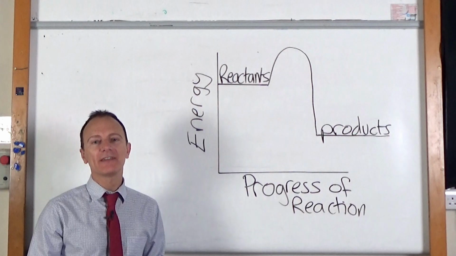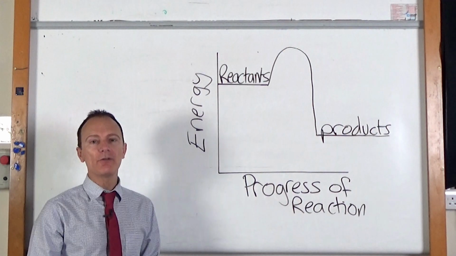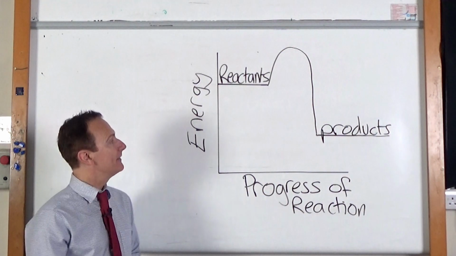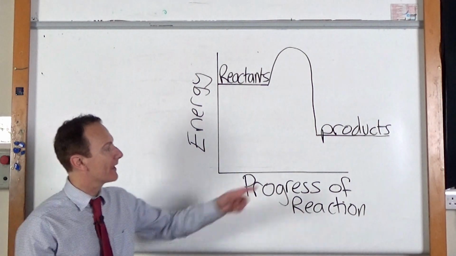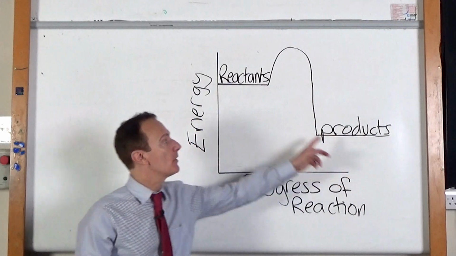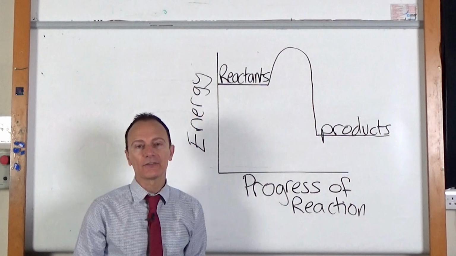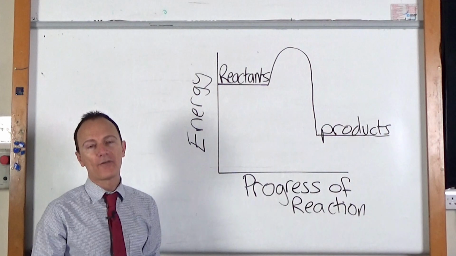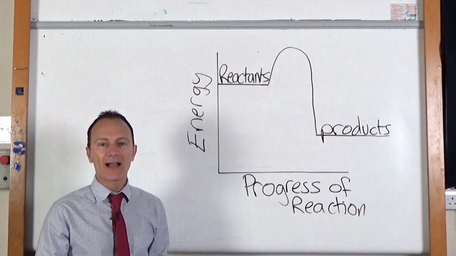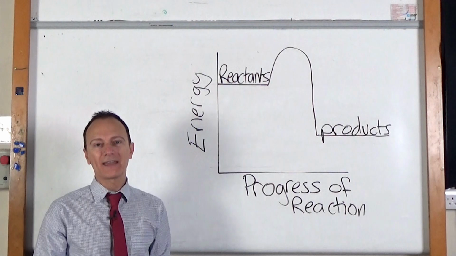A common GCSE exam question is they will show you a reaction profile. In this case it's for an exothermic reaction. We can tell that because the energy level of the products is lower than the energy level of the reactants. And the question would be, draw on the energy profile the line for the reaction if carried out with a catalyst.